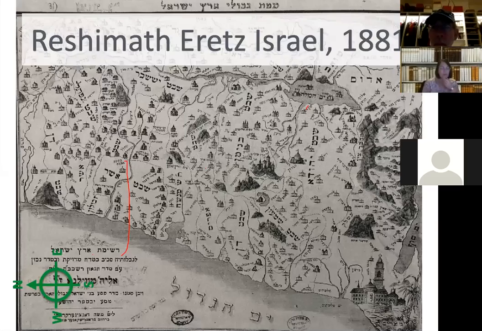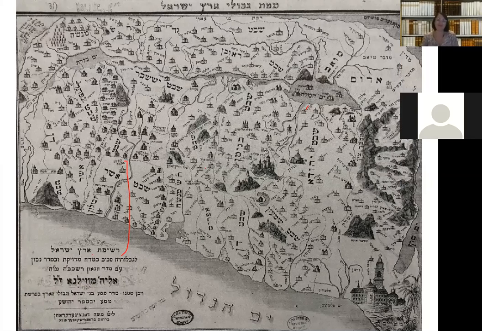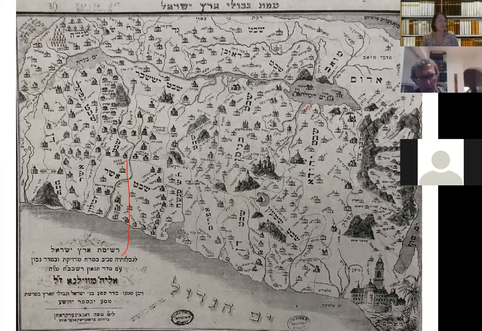In 1881, Reshimath Eretz Yisrael, a register of the land of Israel according to the maps of the Vilna Gaon, was published in Warsaw. So we're now nearly at the end of the 19th century, and we're looking at a map, apart from the fact that it's in Hebrew, not in Latin or an English script.